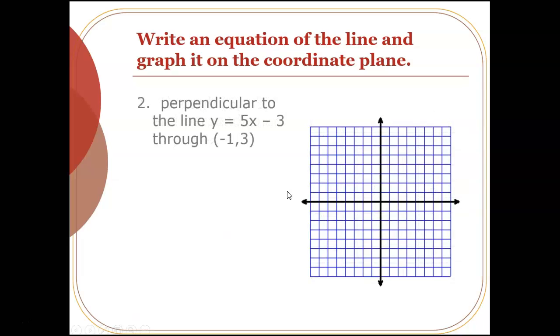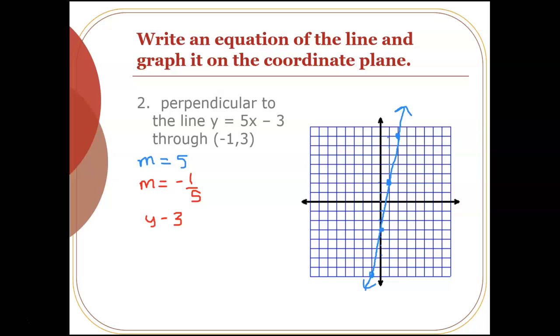Okay, same idea, perpendicular to the given line. So our given line has a slope of 5 and a y-intercept of negative 3. So a slope of 5 tells me that the opposite reciprocal slope will be negative 1/5 through the point negative 1, 3.